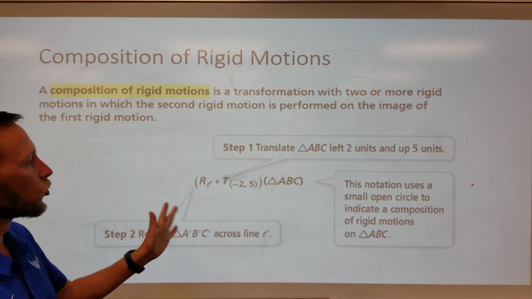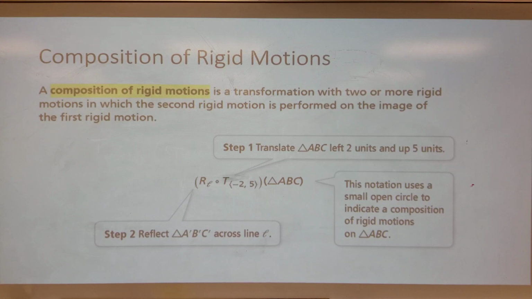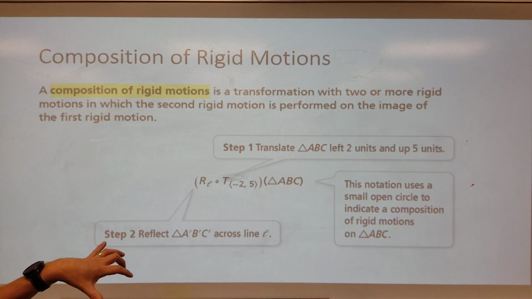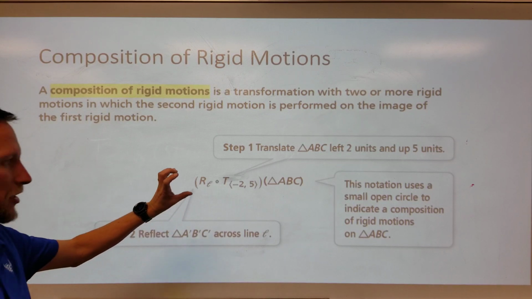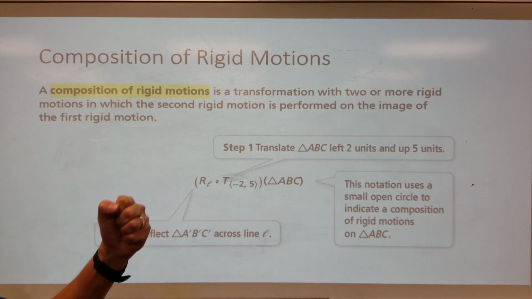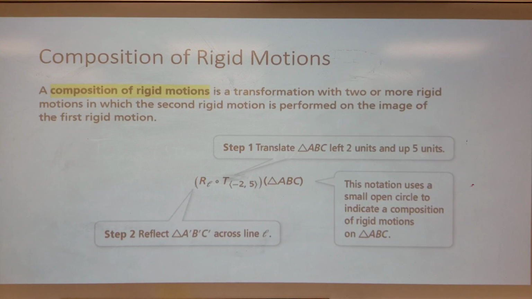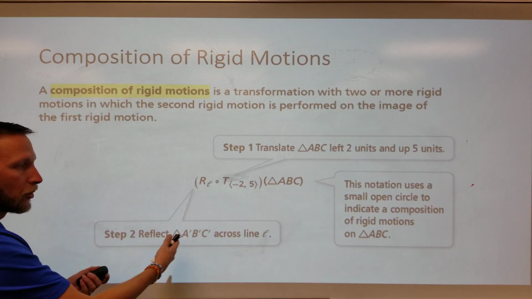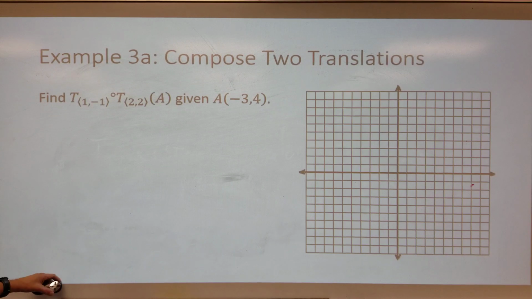All right, so this is read as the reflection over line L from the translation of back 2, up 5 of triangle ABC. All right, reading that is again something that we're practicing. How does this notation, how do we actually read that notation? How do we write that notation? How do we execute that notation? We're going through all of these steps.